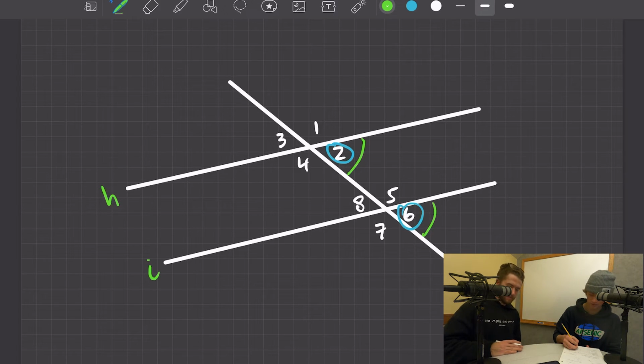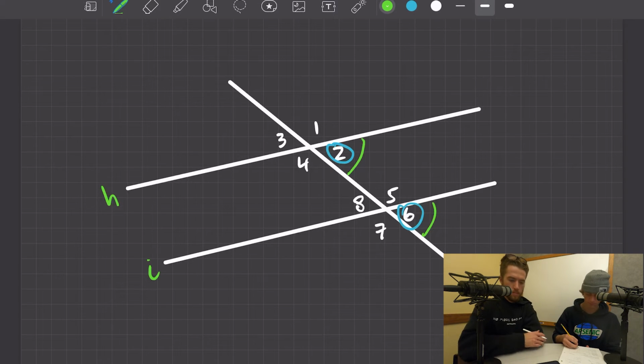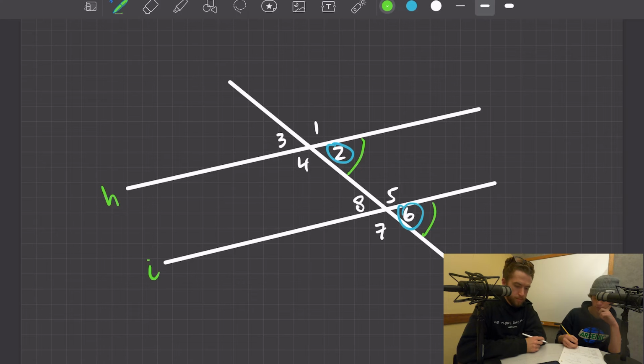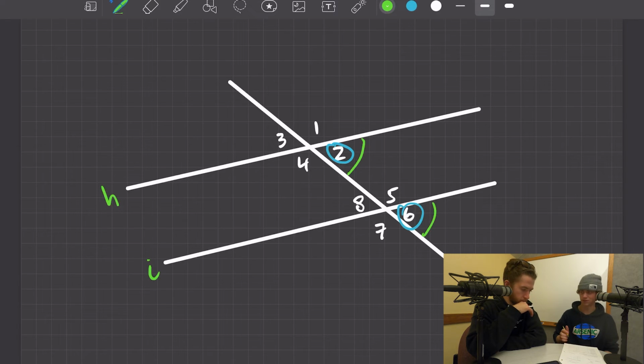Seems like 2, 5 corresponding to 6. And then he said we don't have to write down the definitions if we can look at the example and put 2 and 2 together.